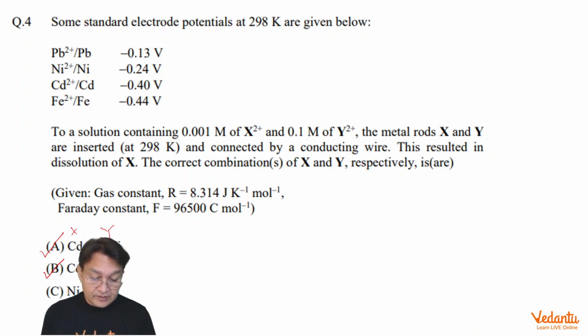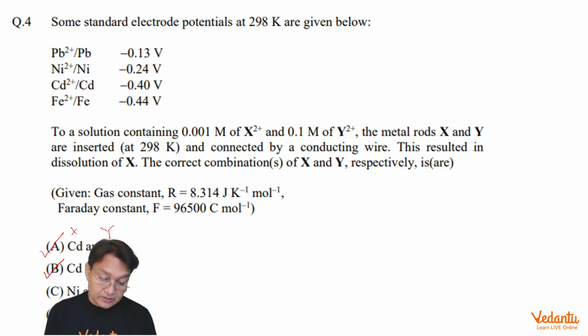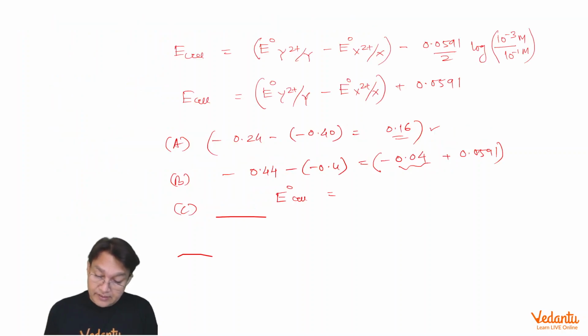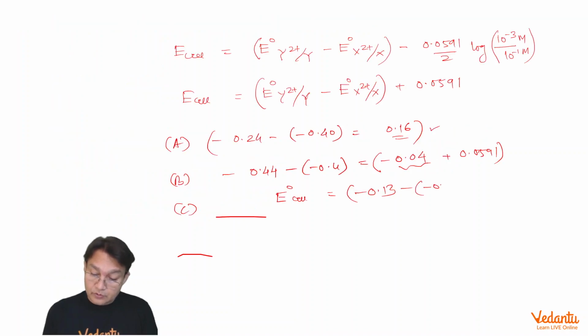So E naught cell is definitely positive, equal to lead Pb2+ -0.13 minus nickel -0.24, so that is coming out to be 0.11 volt.